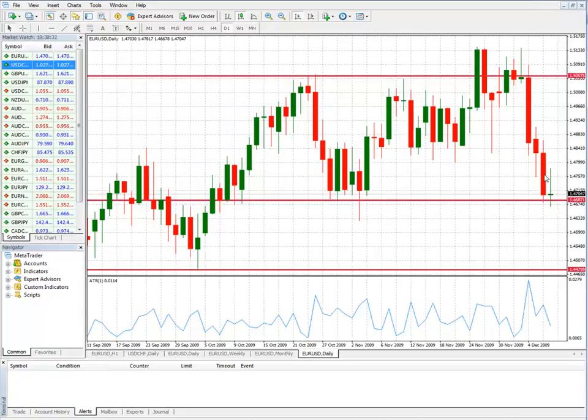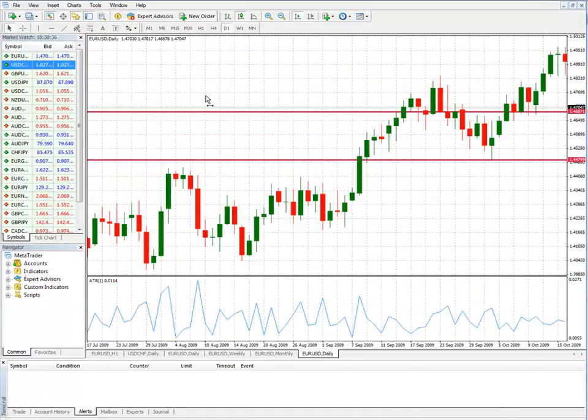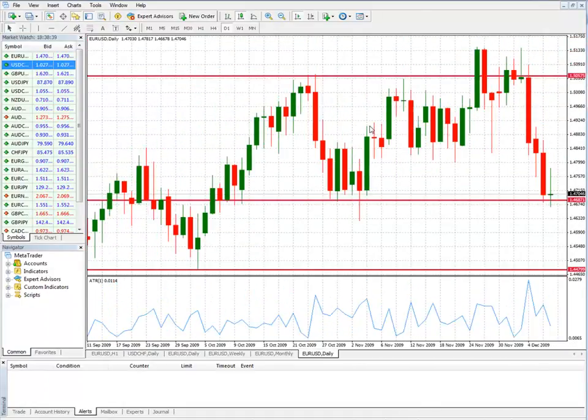So support and resistance gives us a number of things to look at. And one of the important things is a level of risk and reward. So say, for example, we're up here, and we travel down, we come down here, and we're moving back up.